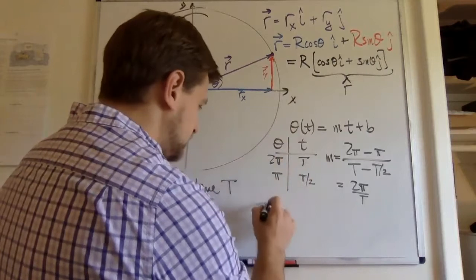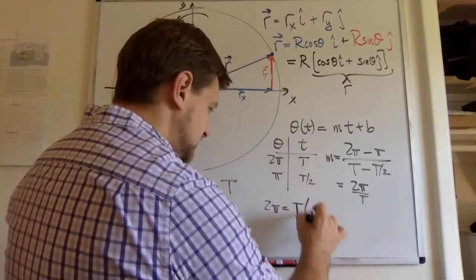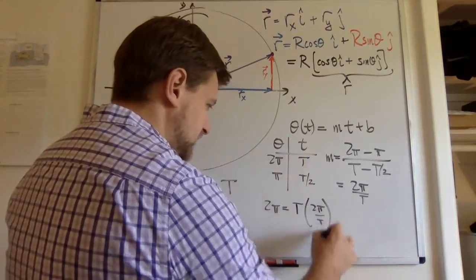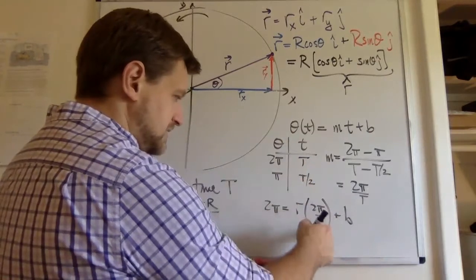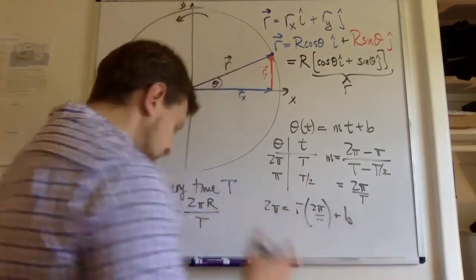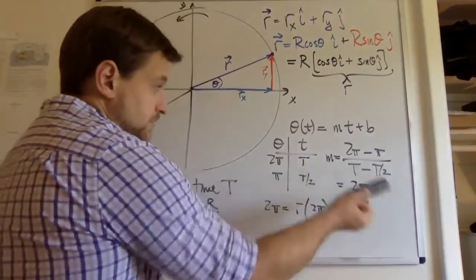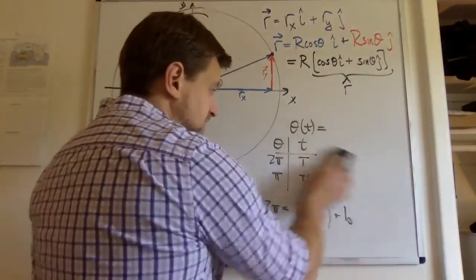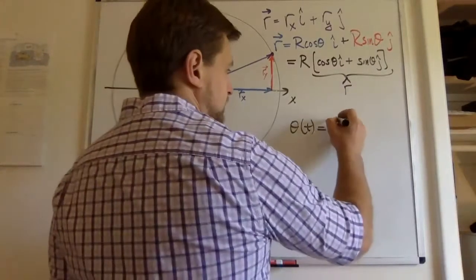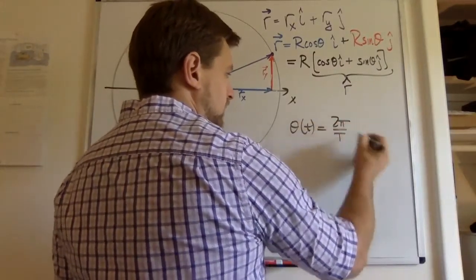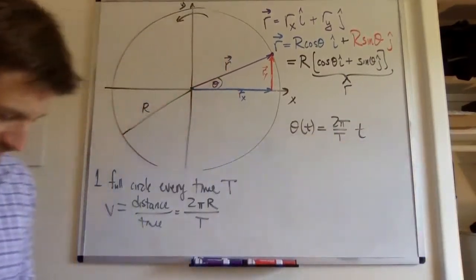If theta is 2 pi, that should be T times the slope that we just calculated, plus the intercept, but the T's cancel and b is equal to 0. Okay, cool. So the function that represents theta of t is just 2 pi over T, that's the slope, times time.